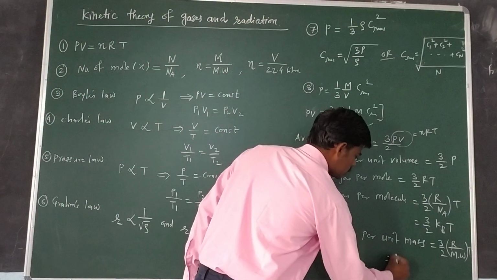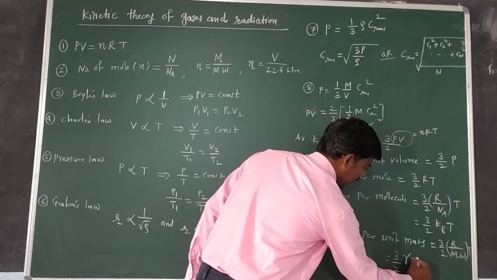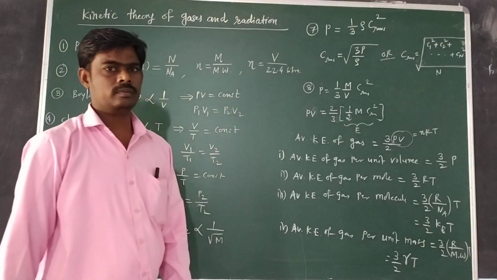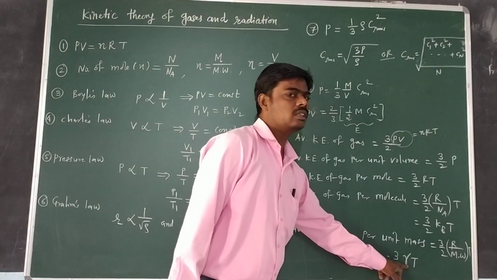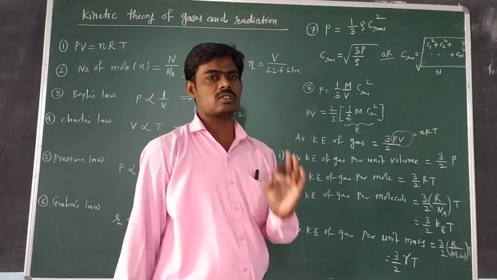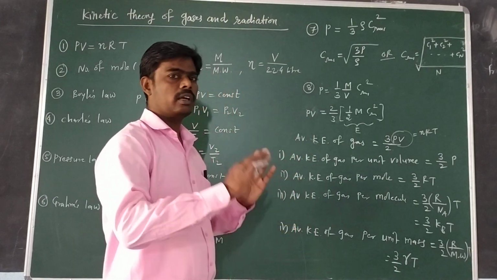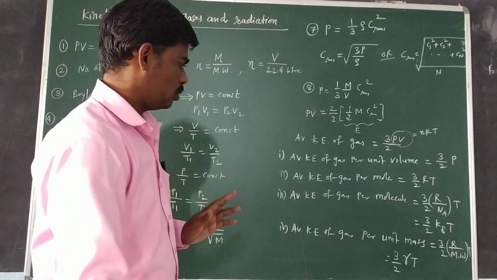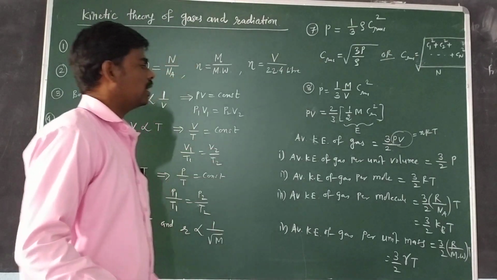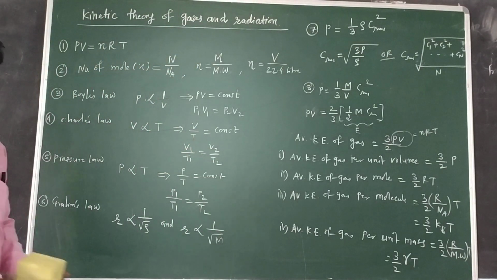So it will become 3 by 2 gamma into T, and this gamma is nothing but specific gas constant, which is different for different gaseous molecules. So these are the various formulae regarding kinetic energy of gas.